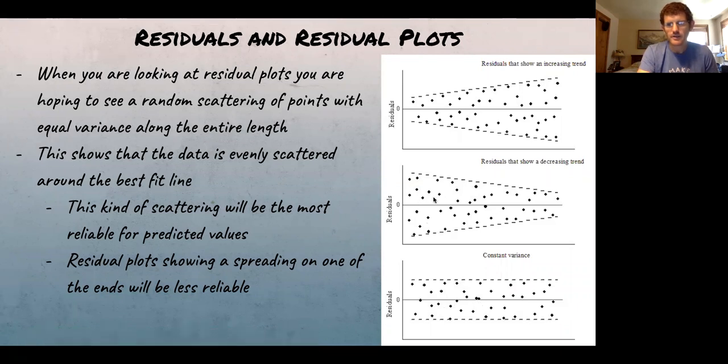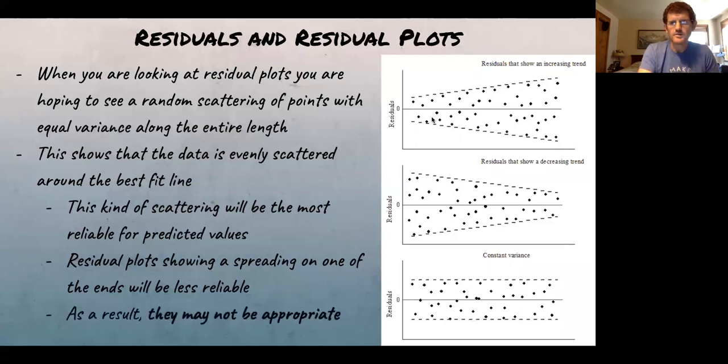Here, at the low end, it's not very predictive. Notice at this end, it's pretty good. Whatever we predicted right here isn't going to be too far off, but down at the low end, wow, there's a lot of uncertainty. And then vice versa on this one, at the high end, wow, there's a lot of uncertainty compared to at the low end. So that makes it less reliable as a model, and we just need to be careful of that.